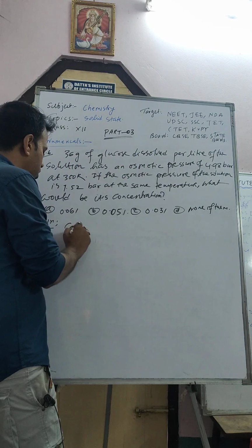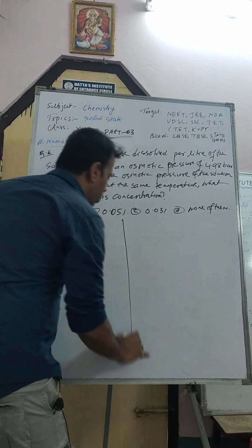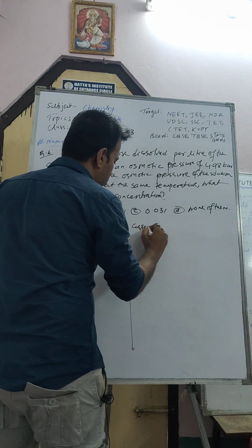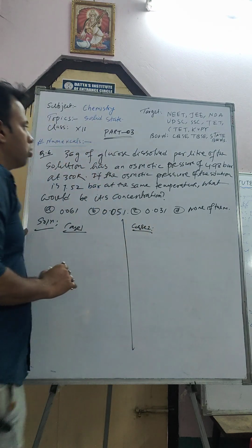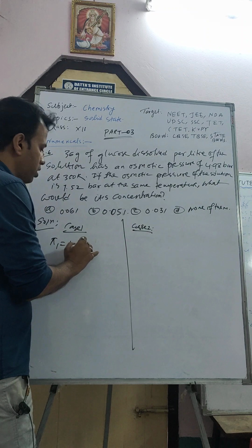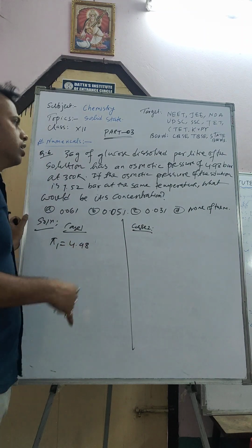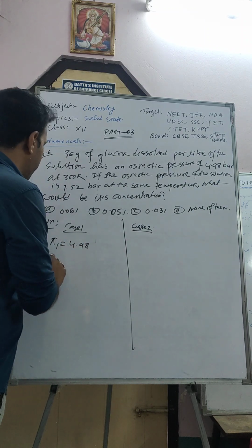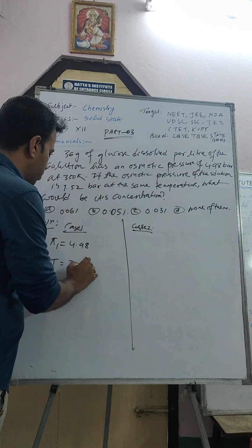There are 4 options given. We have to find out. This is case 1 and case 2. In the first case, osmotic pressure pi 1 is 4.98, and temperature is 300 K, T1.